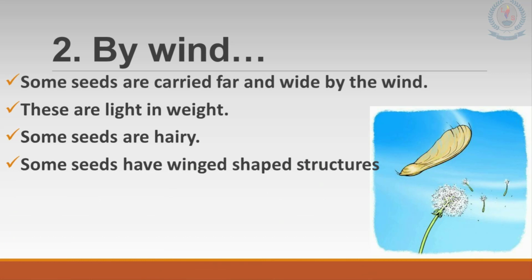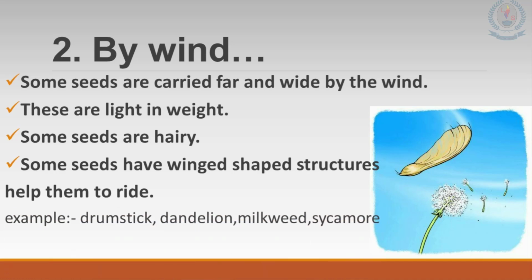And some seeds have wing-shaped structures, so they can fly. Examples are drumstick, dandelion, milkweed, and cycamo. These are examples for seeds that are carried by wind.